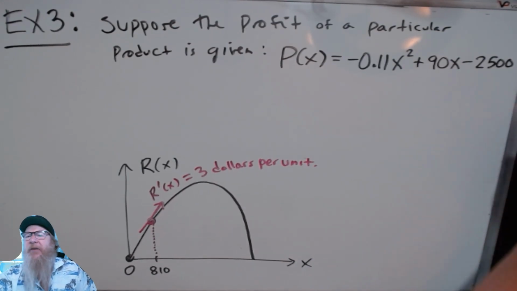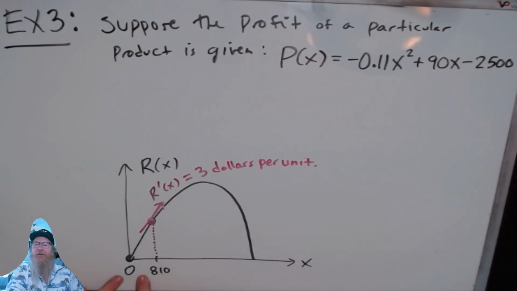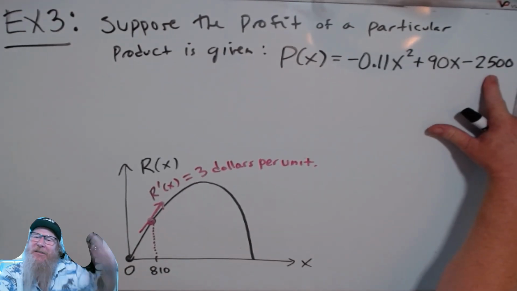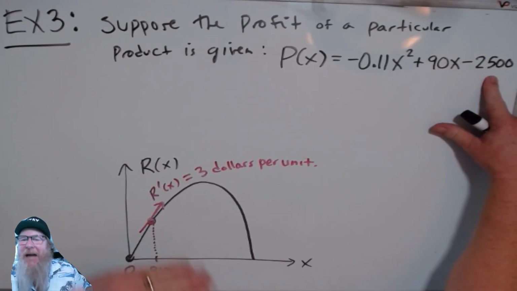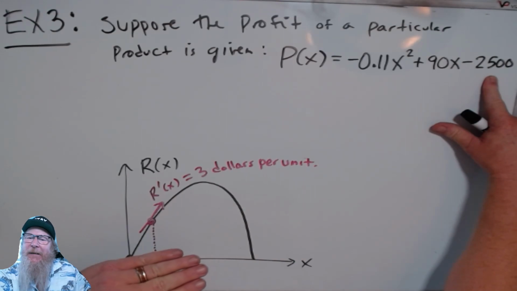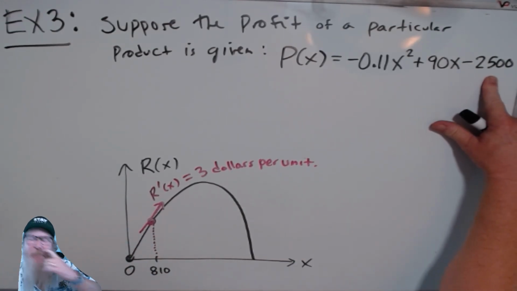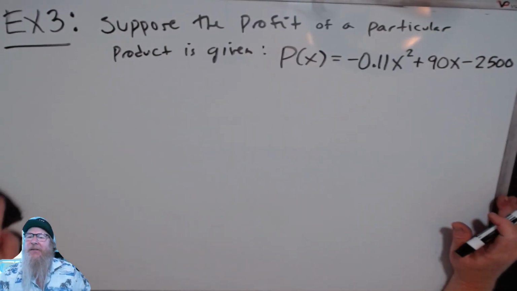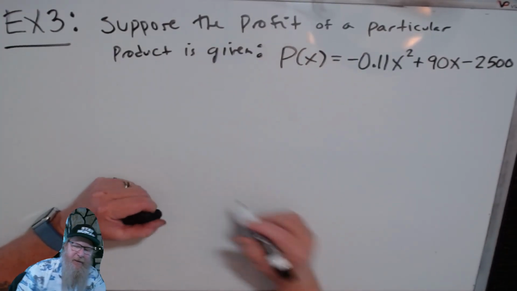We call that the overhead, which means that you don't start at zero. Revenue starts at zero. Profit actually starts, we say, in the hole. You're in the hole $2,500 until you start selling stuff, right? And then you have to sell a certain amount just to get out of the hole. So profit is a little bit more dangerous. Yeah, it's a little bit harder to get out of the hole with profit.